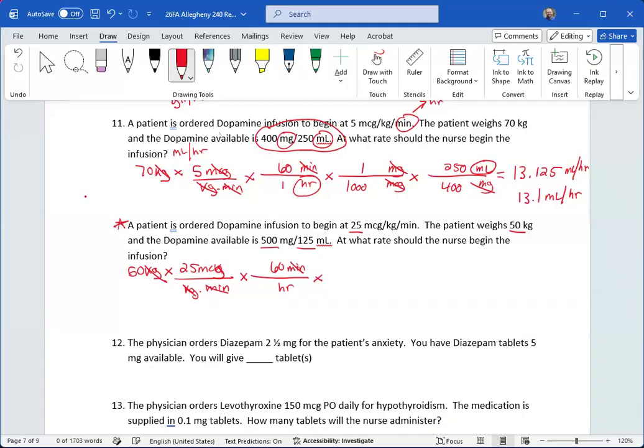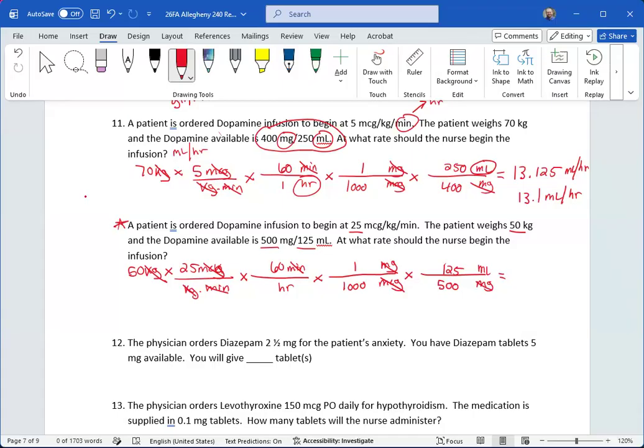Then I'm going to convert micrograms to milligrams. 1 milligram, 1,000 micrograms. So micrograms gone. And then I'm going to convert milligrams to milliliters. So 500 milligrams, 125 ml. Some of you might prefer to convert milligrams to micrograms. It's perfectly fine. As long as you get the same end answer, you're doing it right. I just want to make sure we're all on the same page with that.